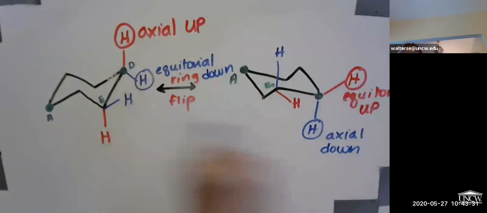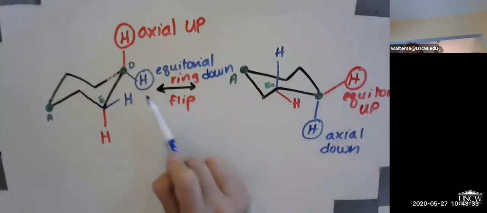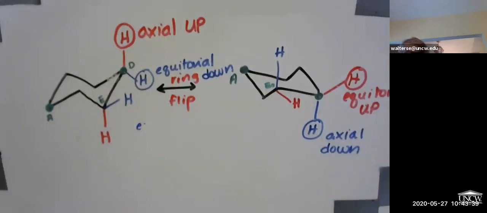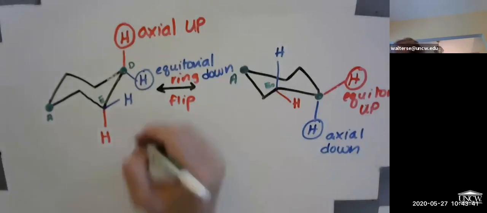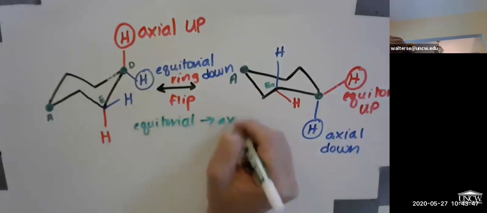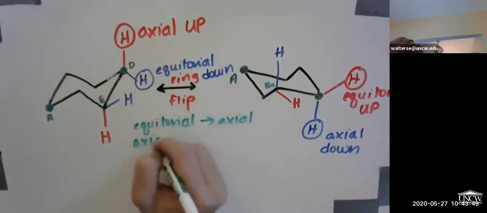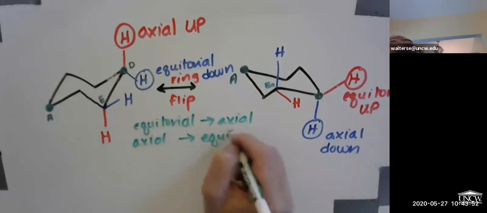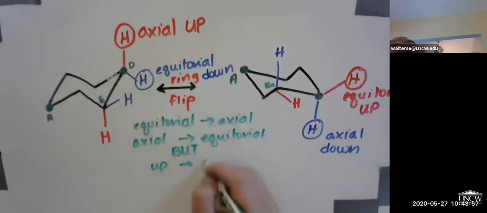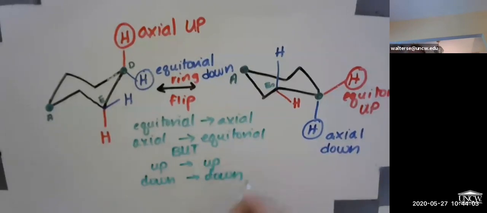But axial becomes equatorial. Equatorial becomes axial. So the relative placement up and down doesn't change, but the axial and the equatorial does.